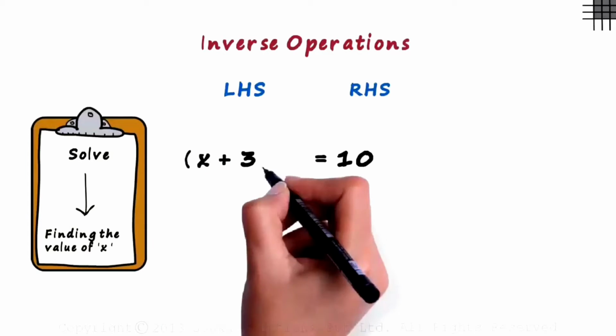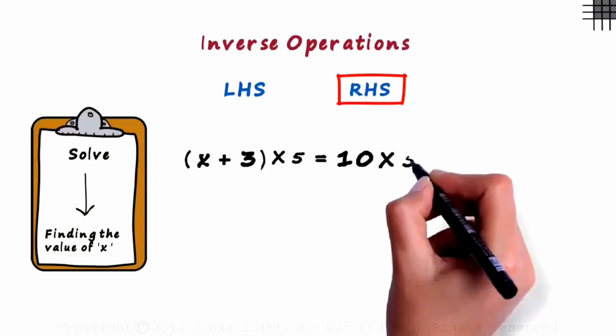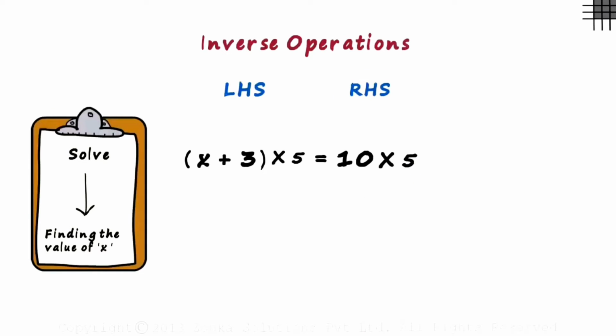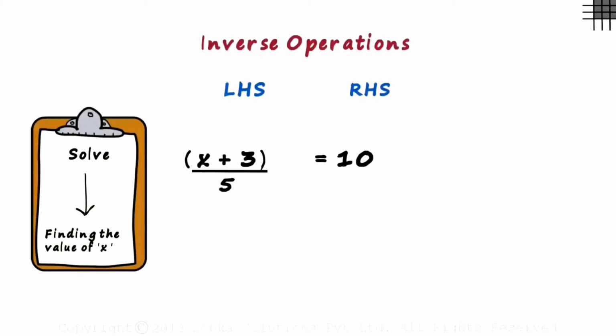If we multiply the left-hand side by the number, we have to multiply the right-hand side by the same number. But remember, we have to multiply the entire side. By putting these brackets here, it means that we multiply the entire left-hand side by 5. And if we divide the left-hand side by the number, we also divide the right-hand side by the same number.